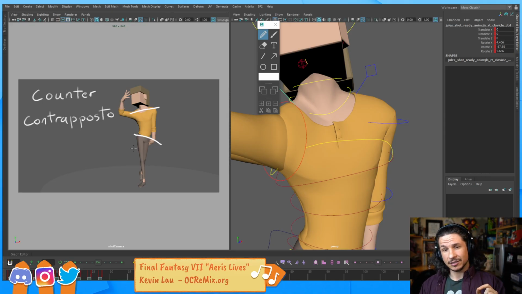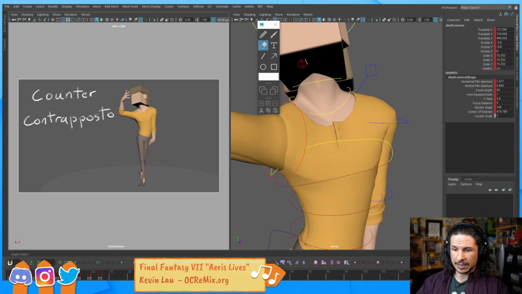The clavicles don't have to do that. The clavicles can counter the contrapposto. So as you're posing, just be aware that this is not an issue. For example, let's take this pose and move those arms the way they should be.